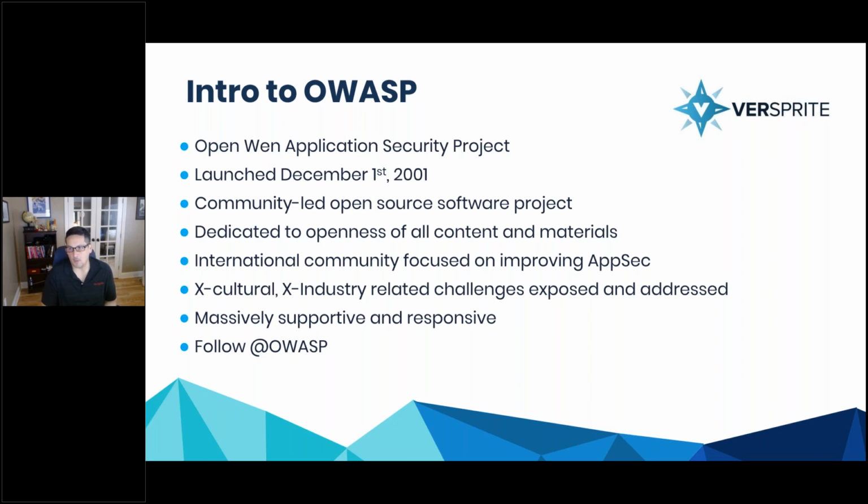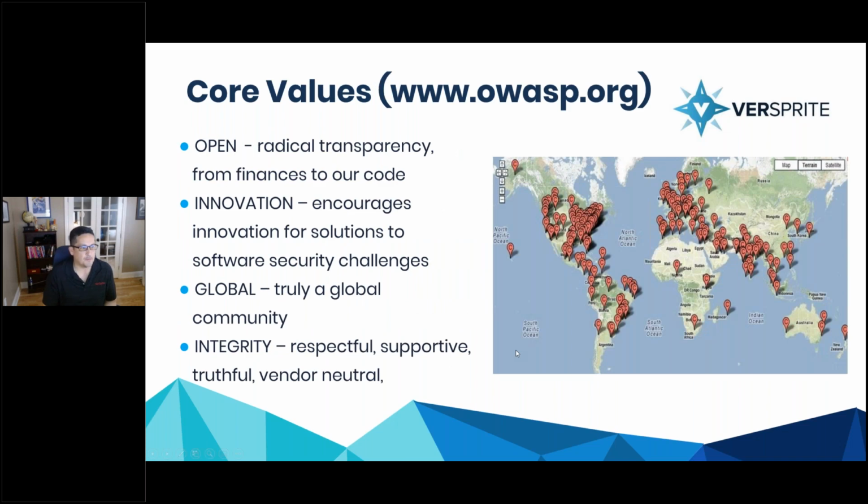I highly suggest the following: get on board with the project so that you can take part in a local chapter. This is kind of a dated map, but there are chapters all over the world. There are definitely chapters in the Carolinas, and even if you don't have a chapter, let's say that you're in a more remote town in the Carolinas, you have the opportunity to join a project, which is a worldwide effort.